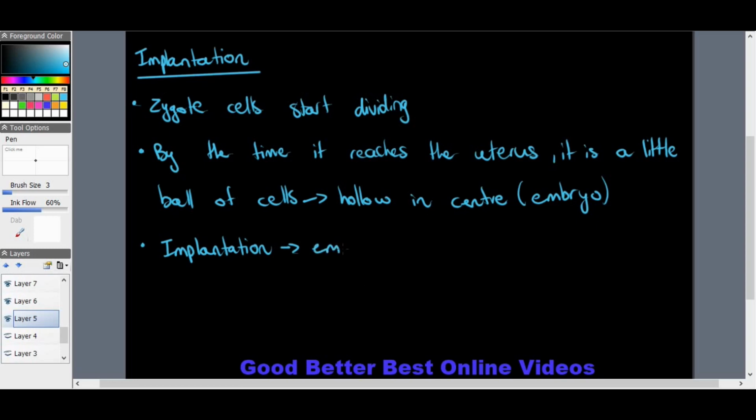I wouldn't say the embryo moves down, but rather let's use the term sinks into the thick lining that the uterus has prepared.